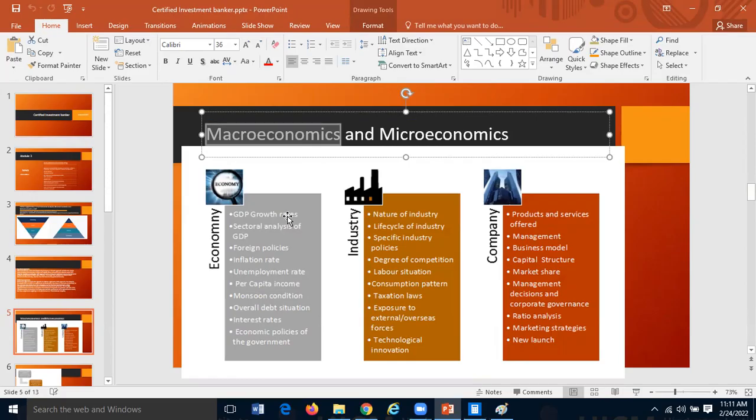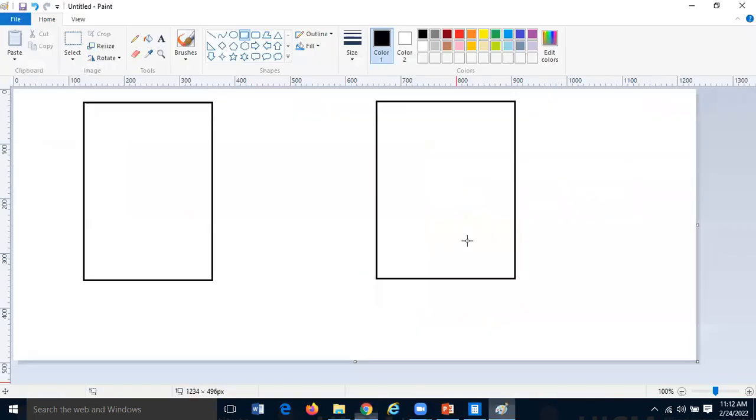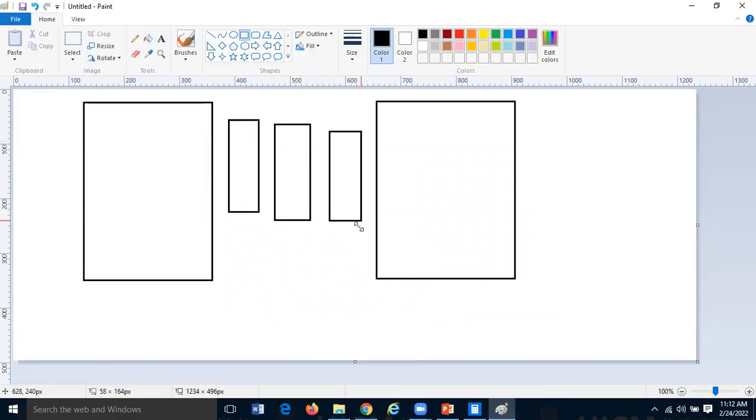We are also seeing the sectoral analysis of the GDP. We can divide into various sectors and see how these sectors are performing in the GDP.